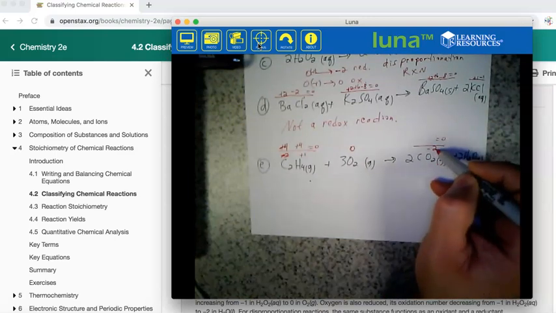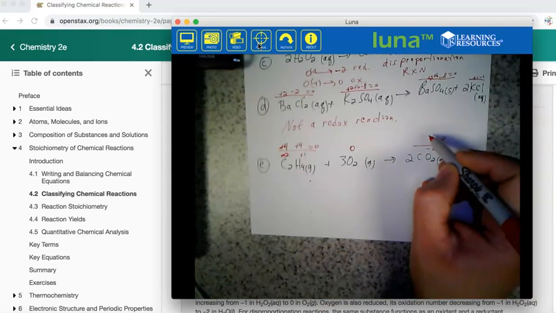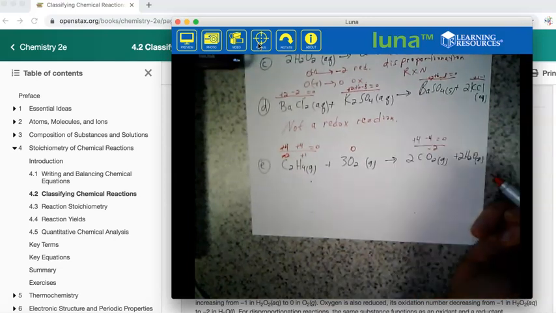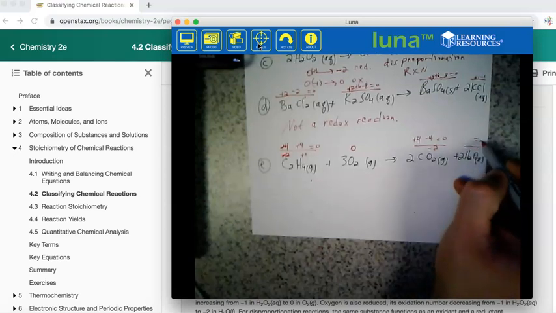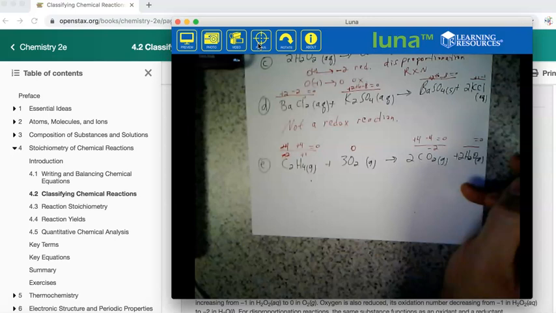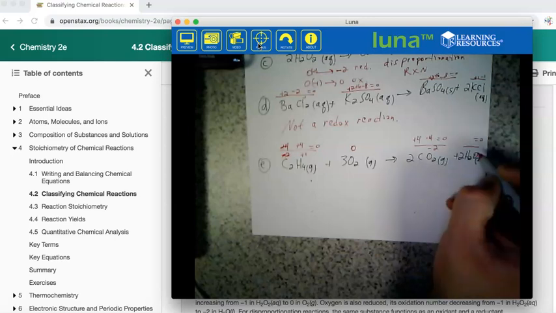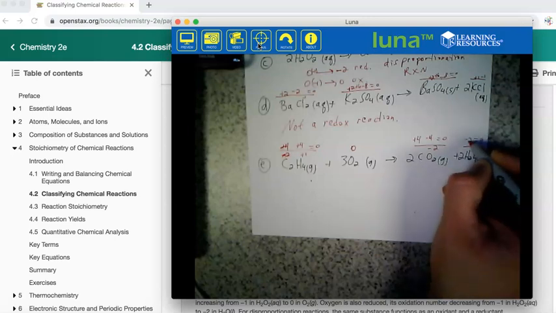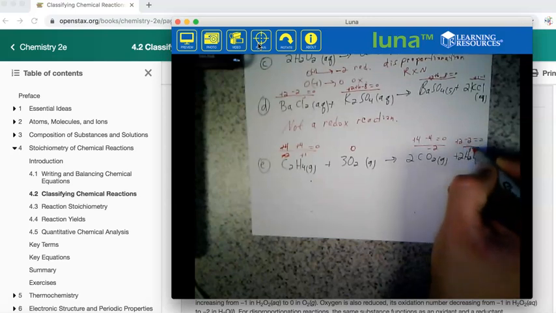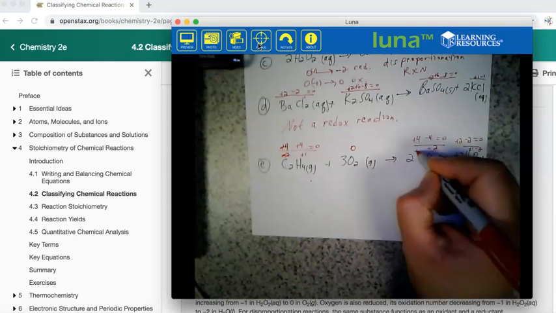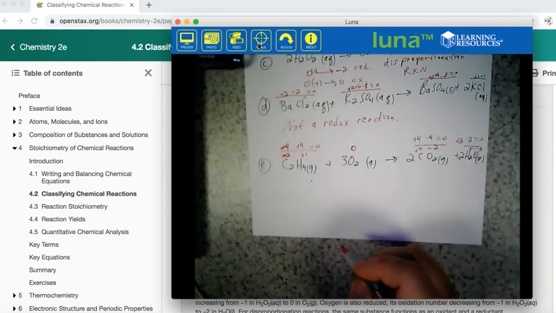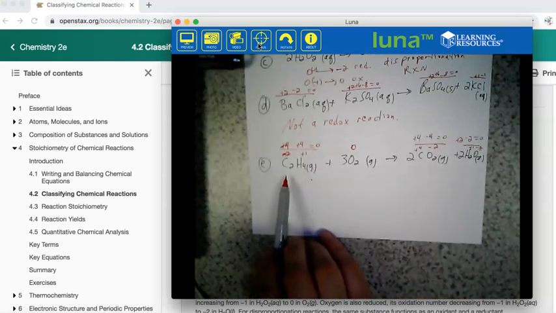It's a neutral compound. -2 times 2 is -4, so carbon must be +4 there. And then we have water here, which adds up to 0. We have -2 for oxygen, and then +2 for hydrogen, because each hydrogen atom is +1. All right, so here we see, let me look at this again.